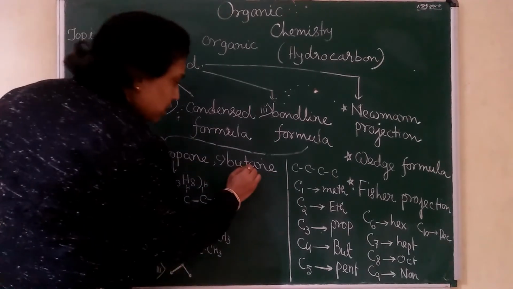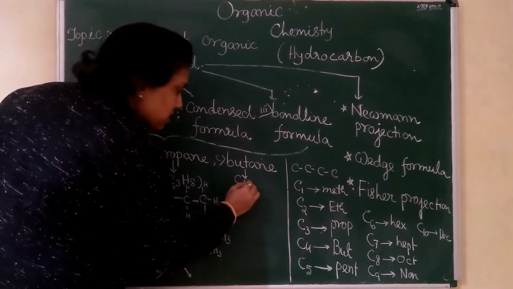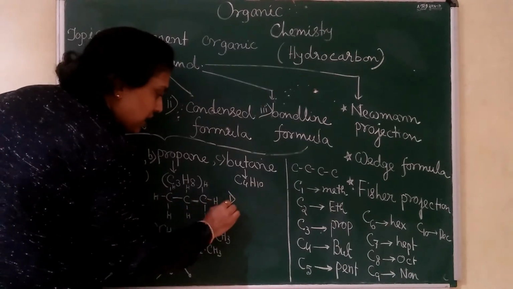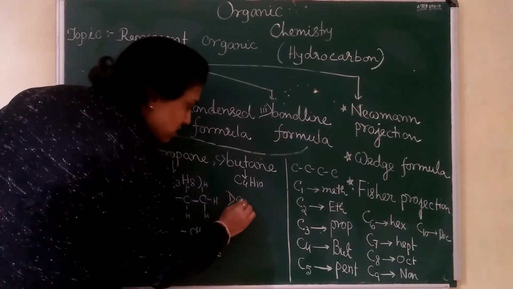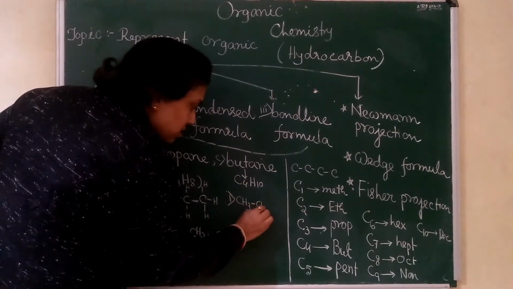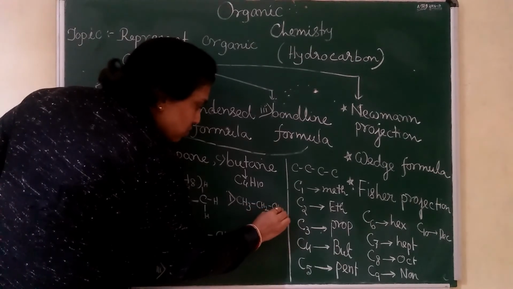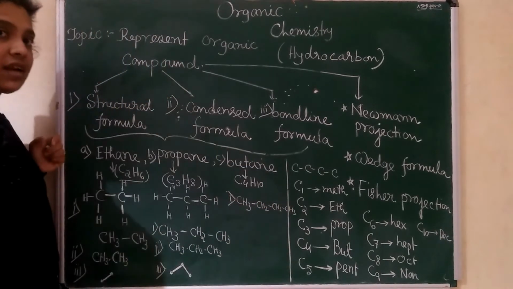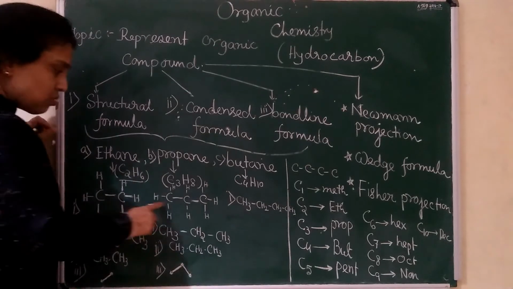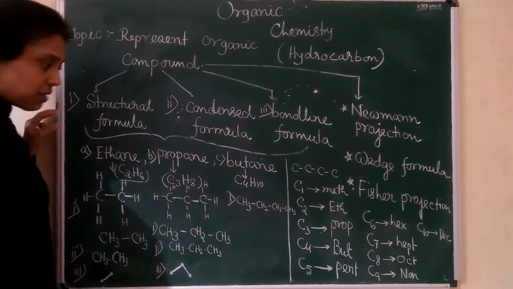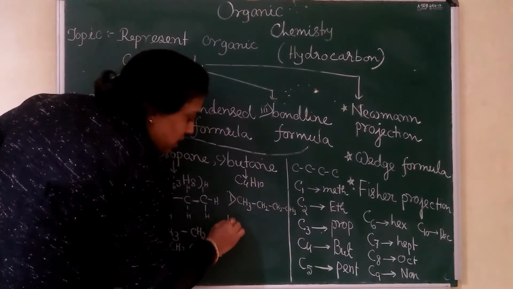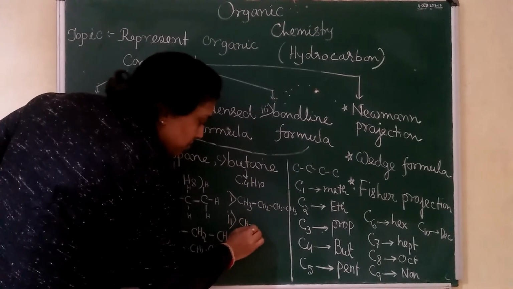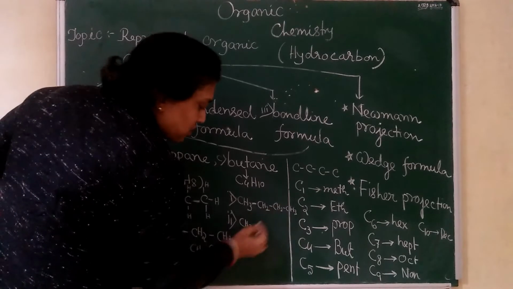Next one is butane. Butane means the formula is C4H10. Okay. Next, structure wise, I will write CH3 bond CH2 bond CH2 bond CH3. So how many carbon? 4 carbon, and then satisfied with hydrogen. Both ways are structural. Then for the condensed formula, you don't have to show this bond. So CH3 dot, now see here, this is also CH2, this is also CH2.